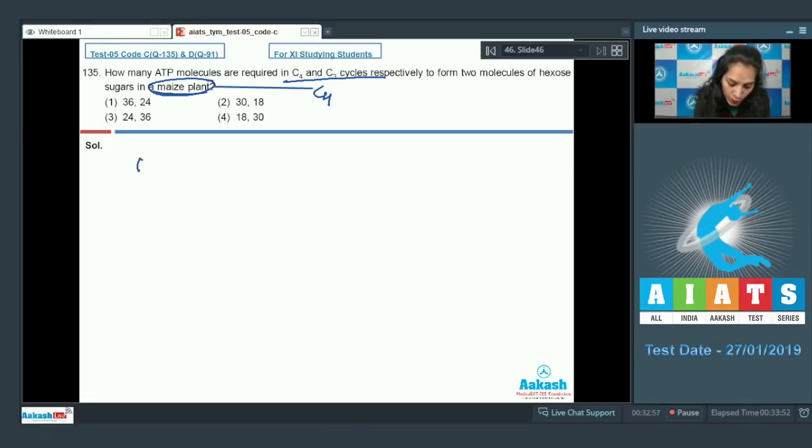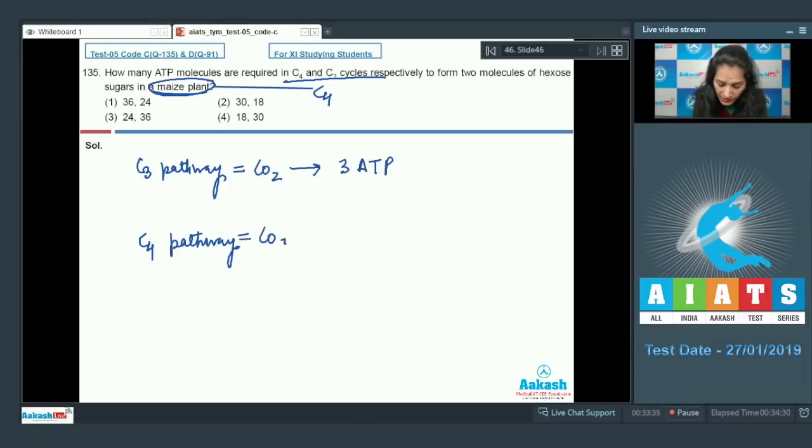So in C3 pathway, for fixation of a single CO2 molecule, there will be requirement of 3 ATP. And in C4 pathway, to fix a single molecule of CO2, there will be requirement of 2 ATP.